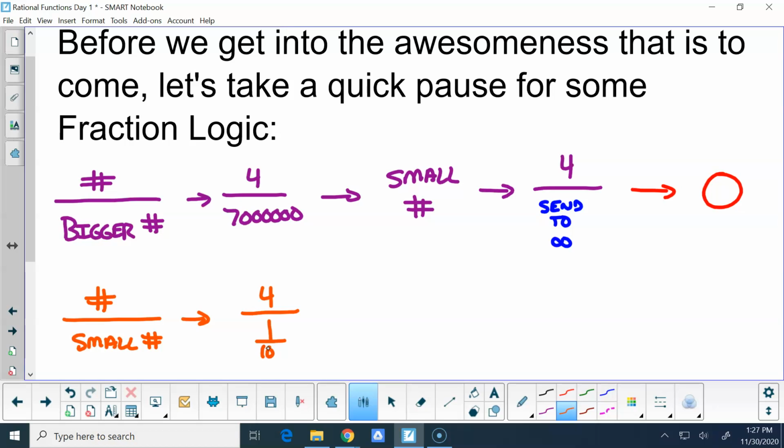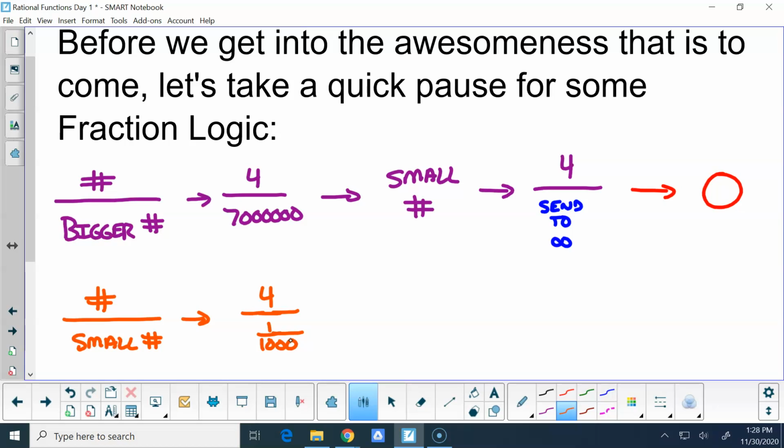So 4 divided by 1/10 is going to be 40. 4 divided by 1/100 is going to be 400. 4 divided by 1/1,000 is going to be 4,000.